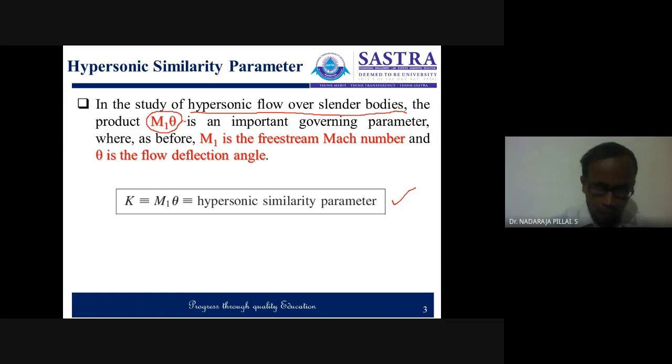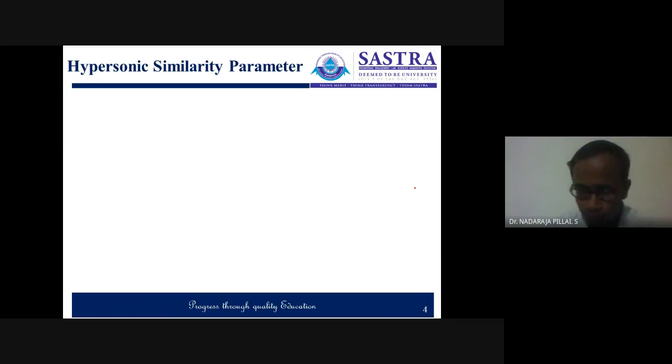Our idea is to represent every parameter, say pressure ratio, the theta beta M relation, density ratio, whatever it is, in terms of the hypersonic similarity parameter. So let us move to the first point.